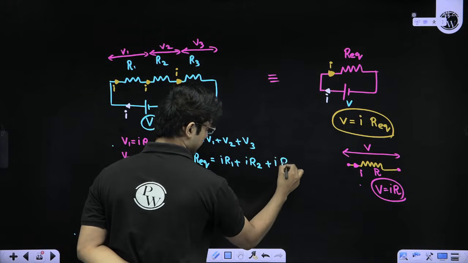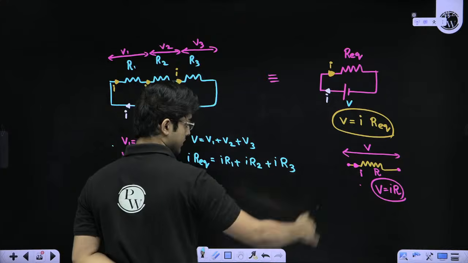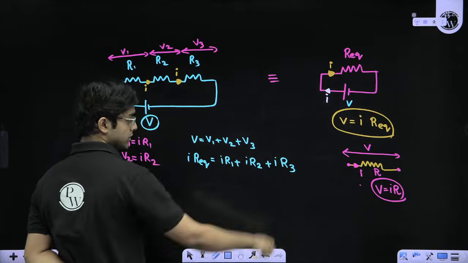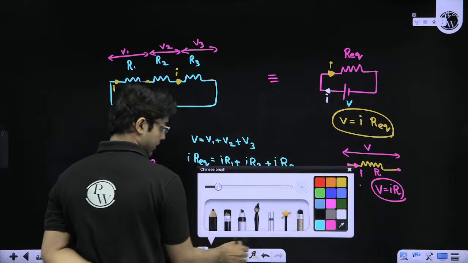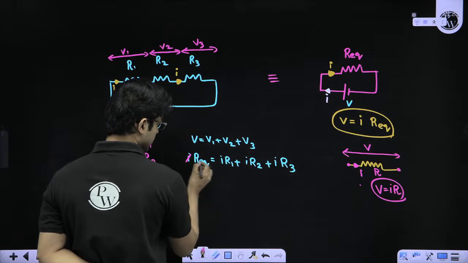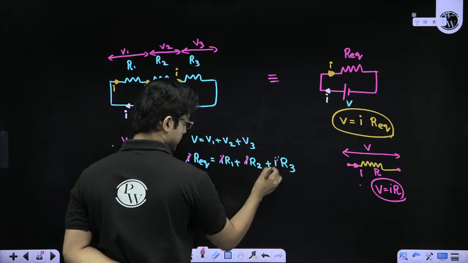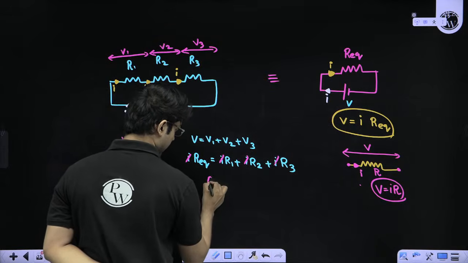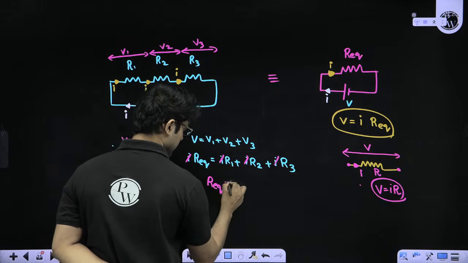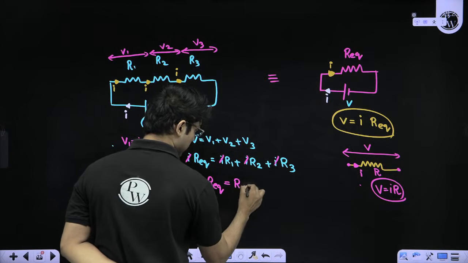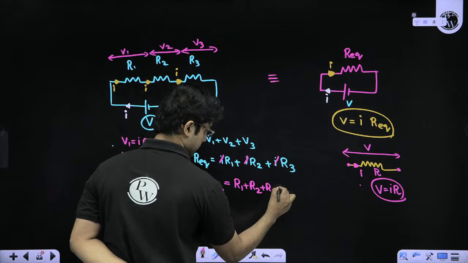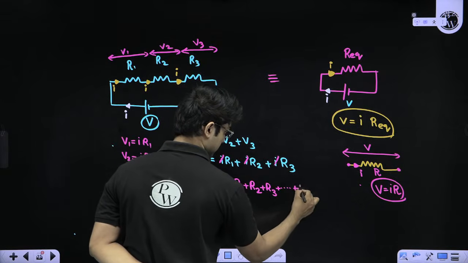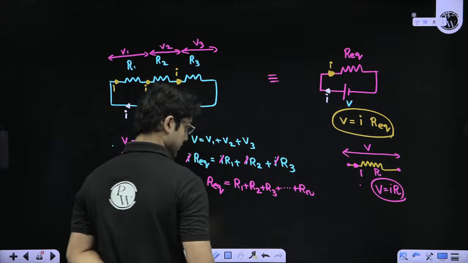V3 will be IR3. And in case there were more resistors in series, it will simply be plus IR4 plus IR5 and so on. So in all these terms, the current term cancels and we get the R equivalent as the sum of the resistors, however many resistances are there.